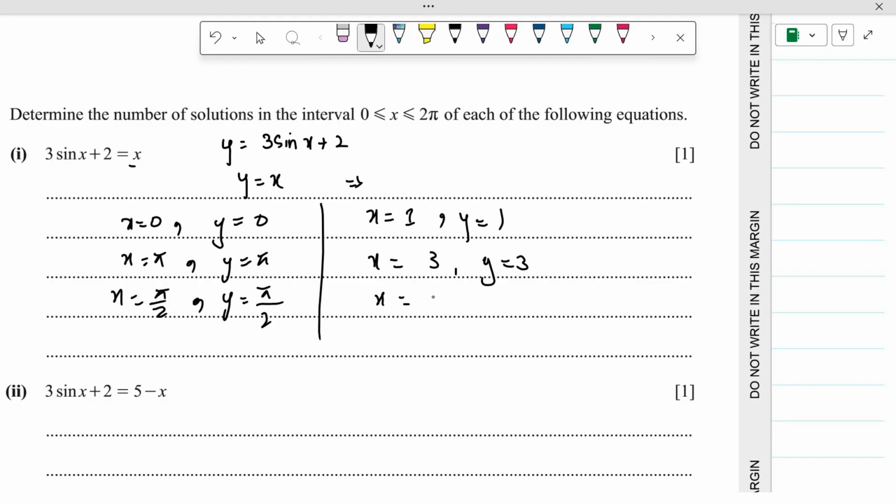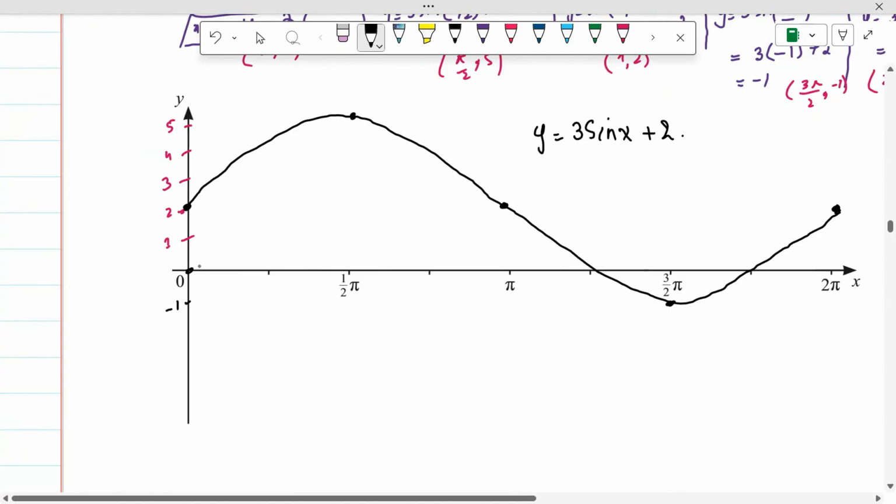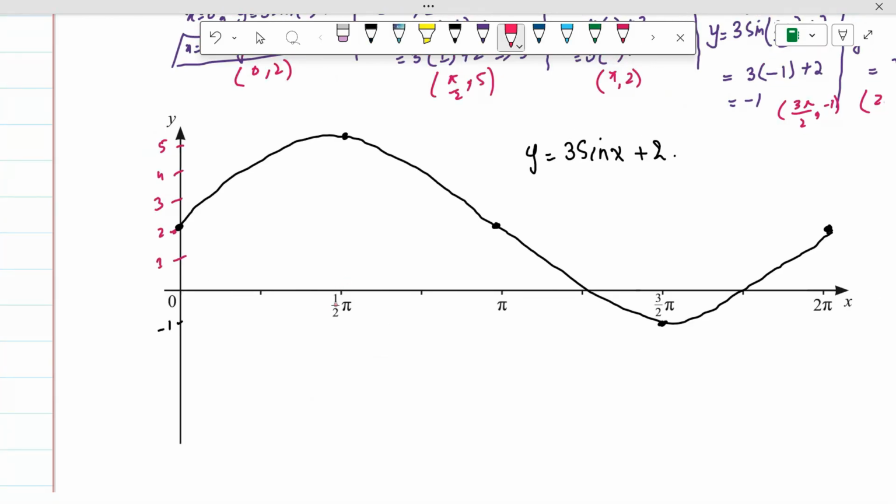When x is equal to 2 pi, y is equal to 2 pi. So we can say that pi by 2 is equal to 1.5707, and pi is equal to 3.142. So for a value of x, y is also x.